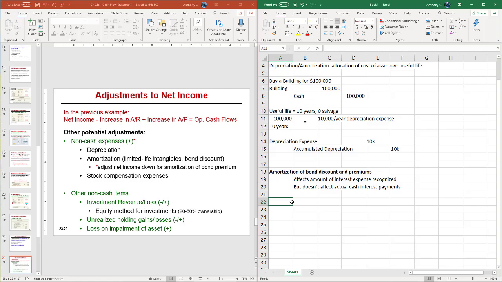So if you recall, when we amortize a bond discount, it means we end up recognizing more interest expense. However, the amortization does not reflect an actual cash payment, so we would have to add the amount of discount back in to get net income to a cash basis.